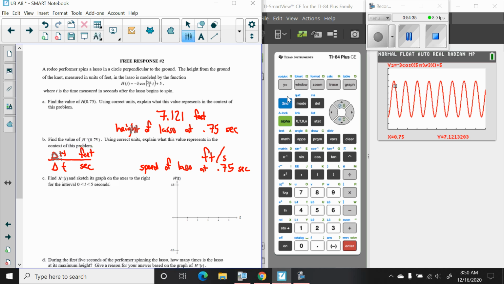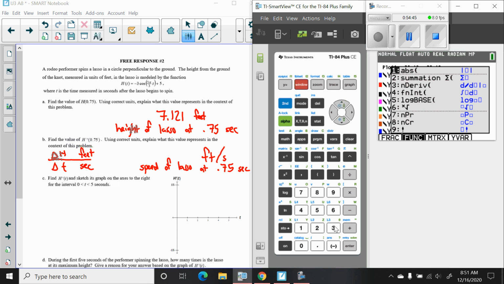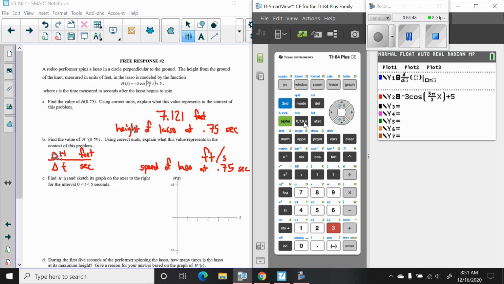But I'm going to do the derivative of this. I'll just go in deriv here. We could do it on the other screen as well, but we can graph the derivative with it. Now, I can see it's going to be negative in some places. Alpha trace lets me put in different equations. So it's a y2, and I'm going to do it for all values of x, which is just x, and graph.